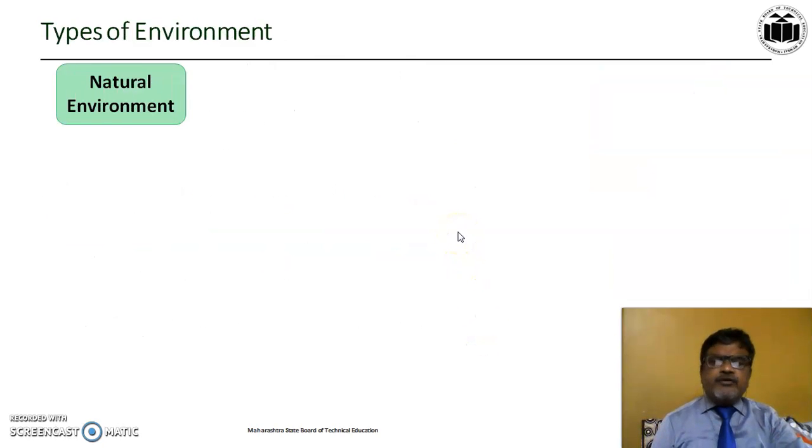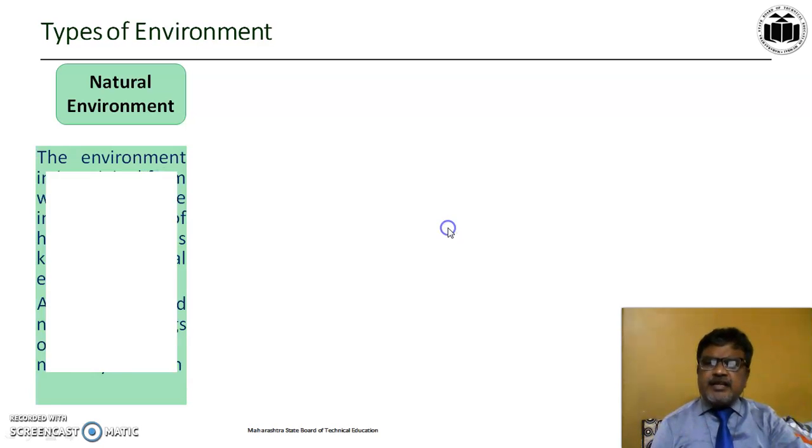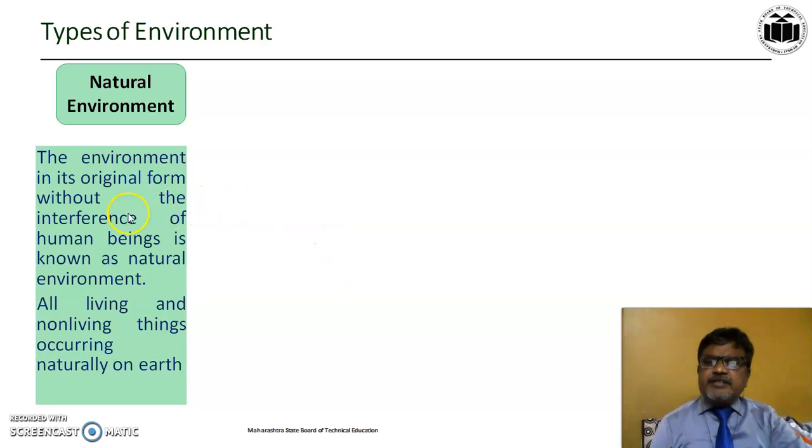Now we have to study types of environment. The first type is natural environment. Natural environment means the environment without the interference of human beings.